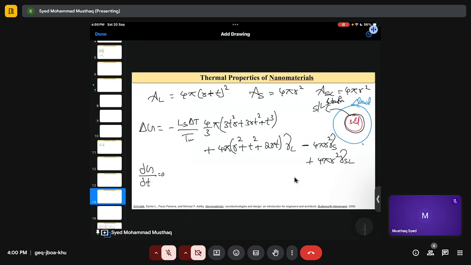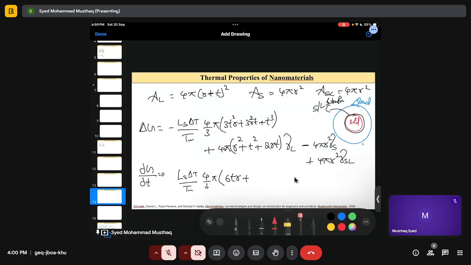Now if I do the differentiation, Ls delta T upon Tm, let's write everything, 4 by 3 pi, it will become 6TR plus, R square is 0, and here 3R square plus 3T square.